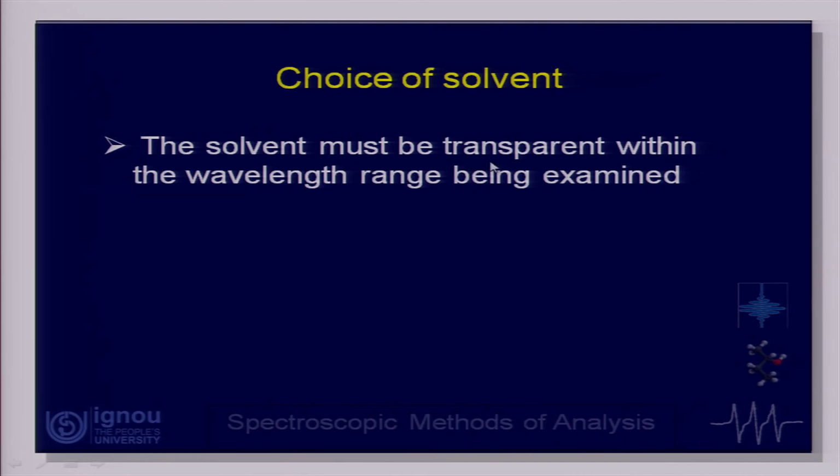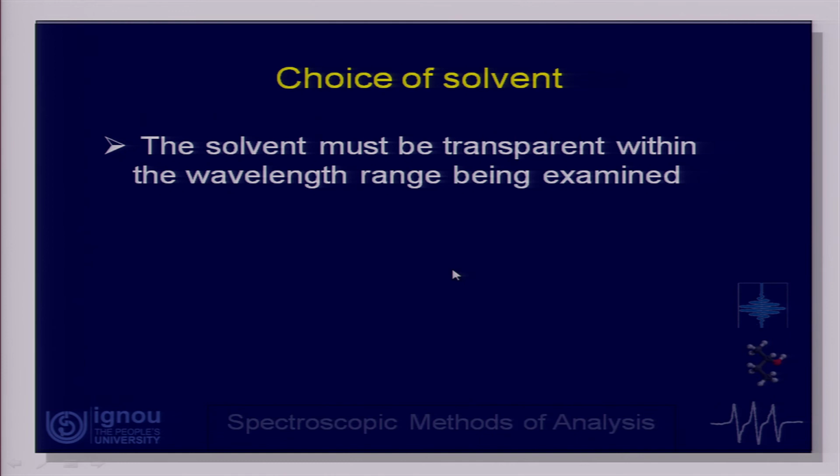We know that glass cannot be used in the UV range, but what kind of solvent do we use if I am trying to make a measurement? There again, there are certain restrictions. For the visible range, things are not that difficult, but when we are going to make measurements in the UV range, the choice of solvent becomes very important, because the solvent must be transparent within the range being measured.